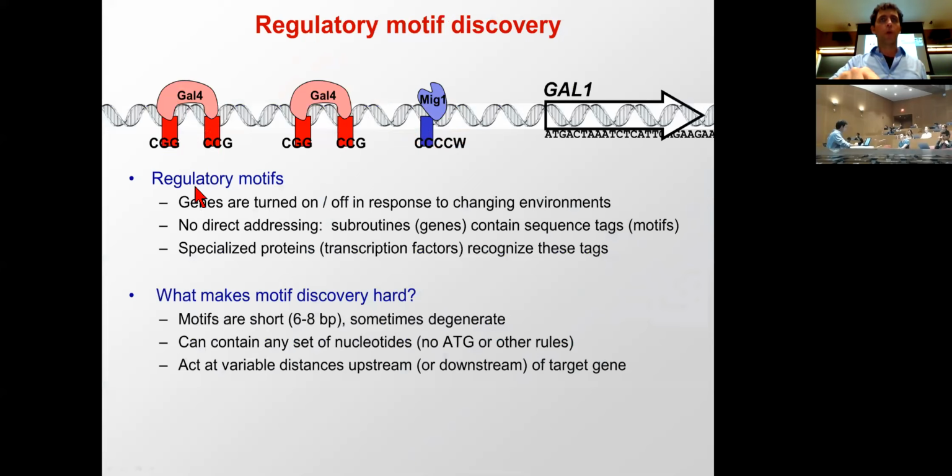So how do these motifs work? These motifs are basically constructing a landing pad for different regulators, for different transcription factors. And these landing pads are made out of atoms that are just in the right locations, as well as the entire double helical structure of the surrounding region that the protein then recognizes.